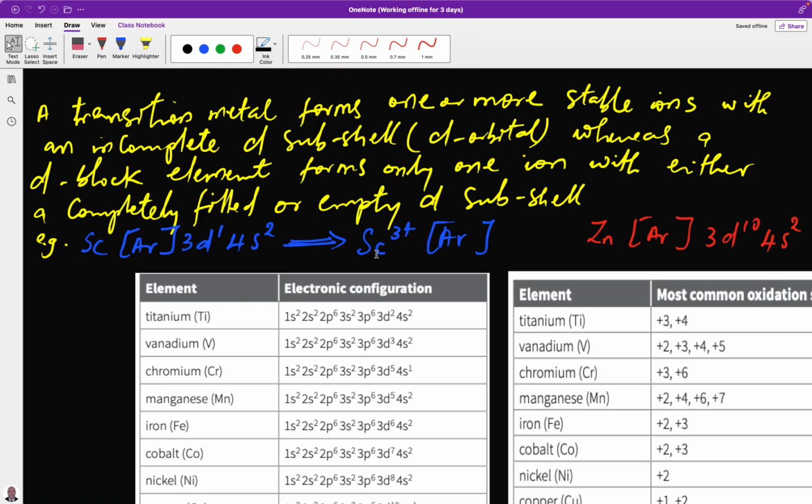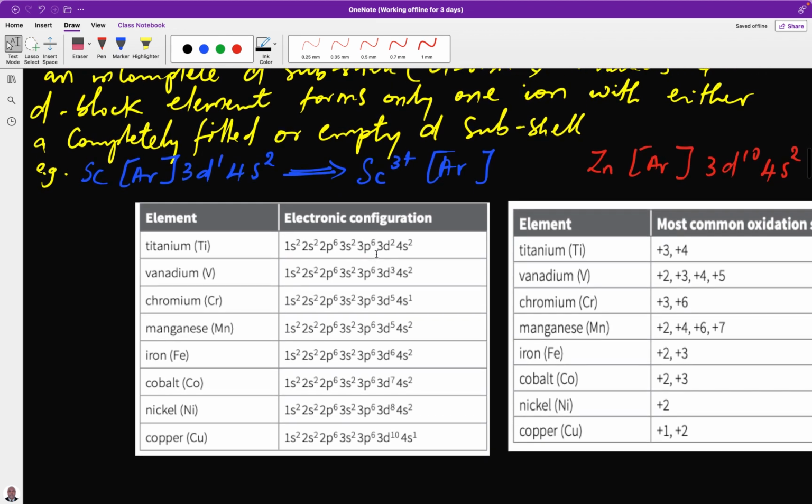I gave an example of d block element as scandium and zinc. These are the only two elements that are not transition metals. The rest, from titanium to nickel, are all transition metal. But scandium and zinc, they are only d block, they are not transition metal.